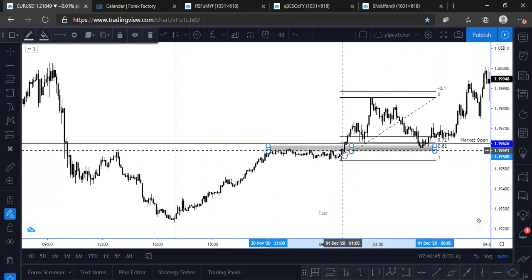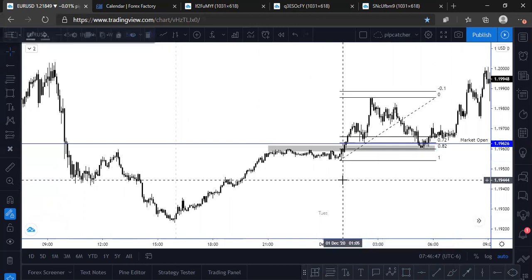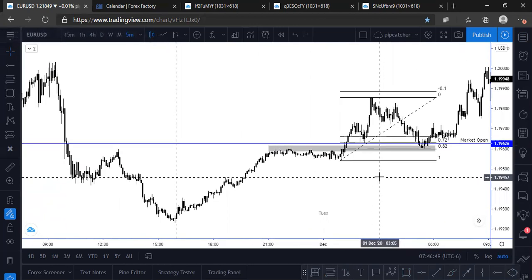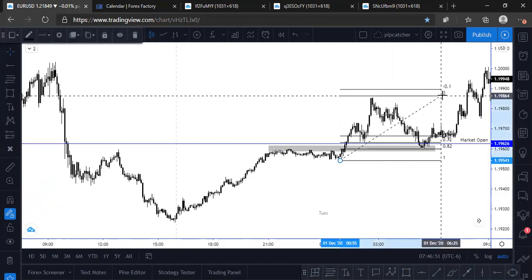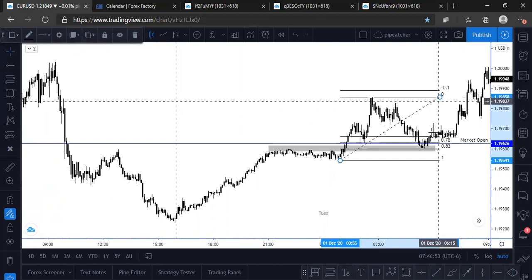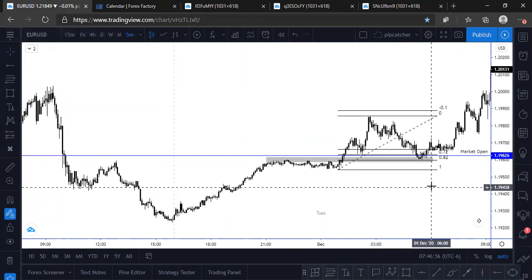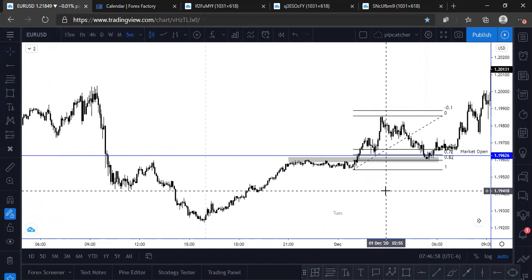We could even have used this rally-base-rally in this area, but we're just trying to make it as educational and not as perfect as possible, because your trading is never going to be perfect.